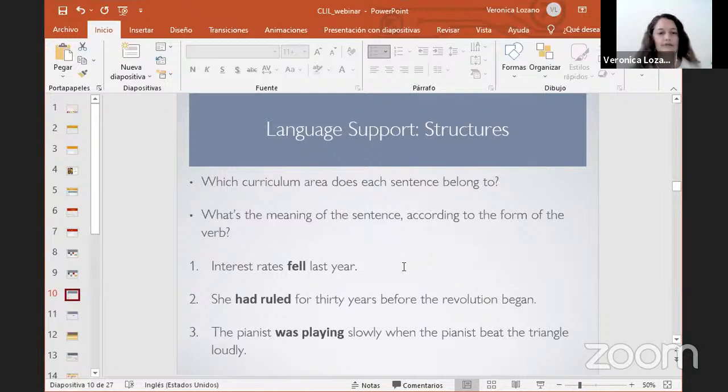Let's read the sentences, please, and post some ideas in the chat. What curriculum area does each sentence belong to? Share some ideas in the chat, please. What do you think? You can post number 1, this, number 2, this, number 3, that.